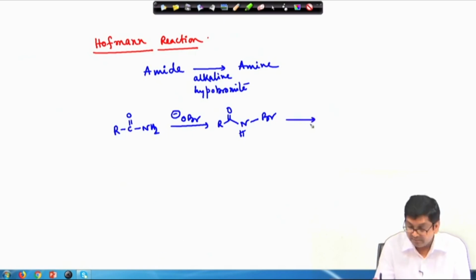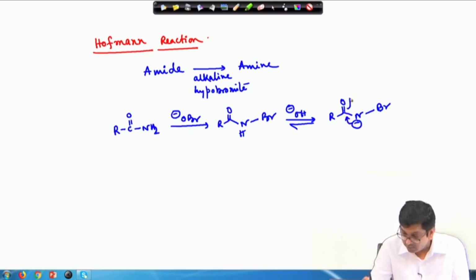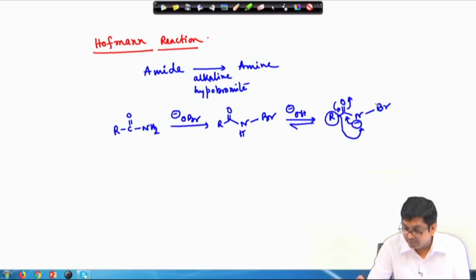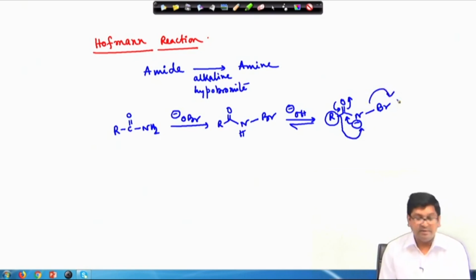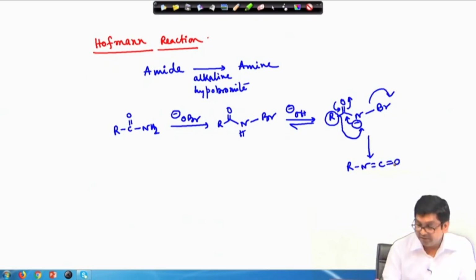and then in presence of base this will pick up another proton. Now, this 1,2 migration will happen and bromine will be liberated, and in this case again you will get the very important isocyanate intermediate.